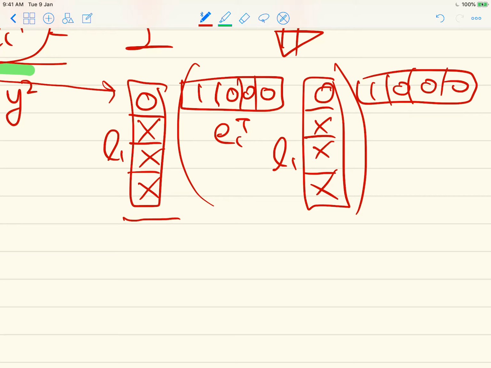Okay, so here we see only one non-zero in the first position, and then this value will be guaranteed to be 0, and so we're multiplying them together, and then it will produce 0. The rest of them will have 0 for this standard unit vector, and then we're multiplying them with another set of non-zero values, and then it will create 0, right?